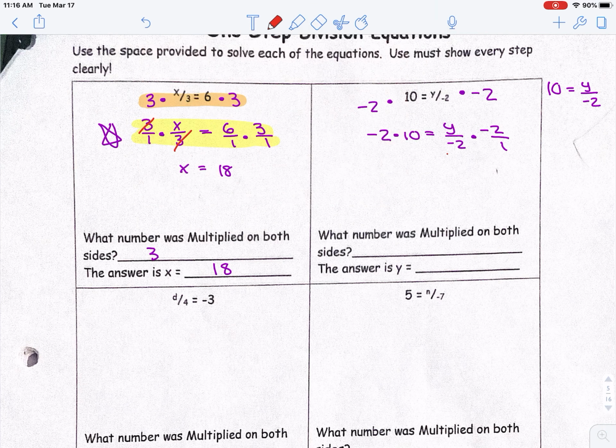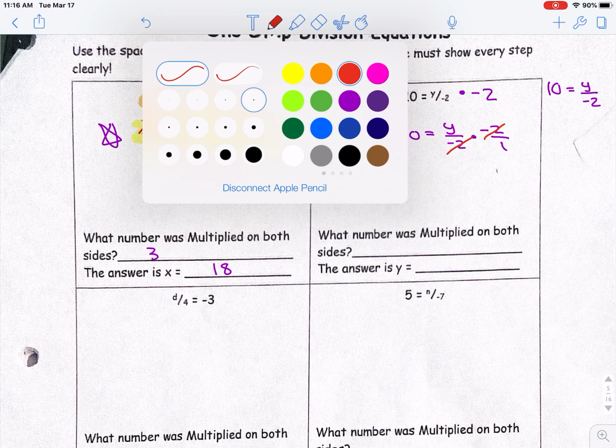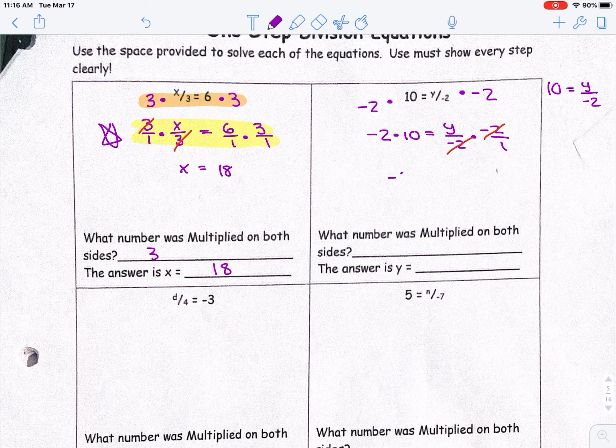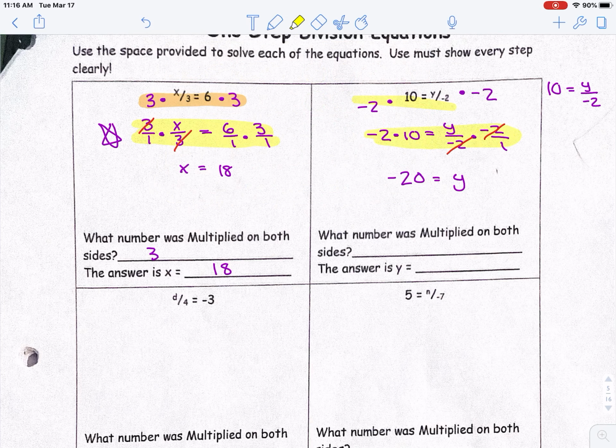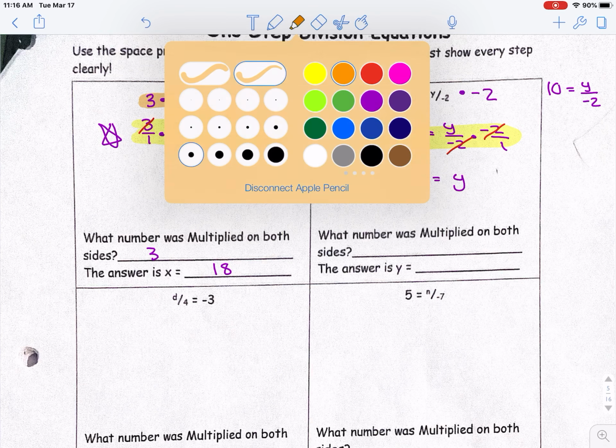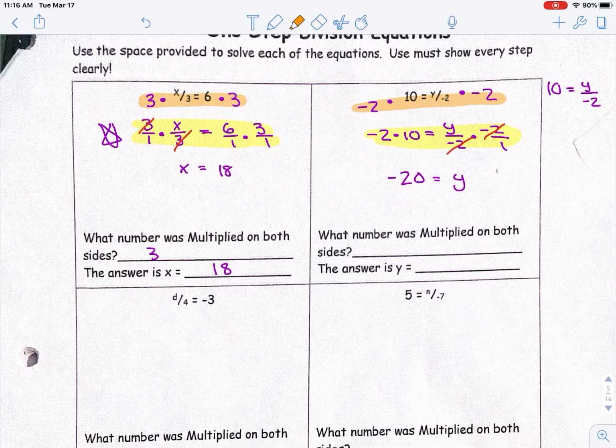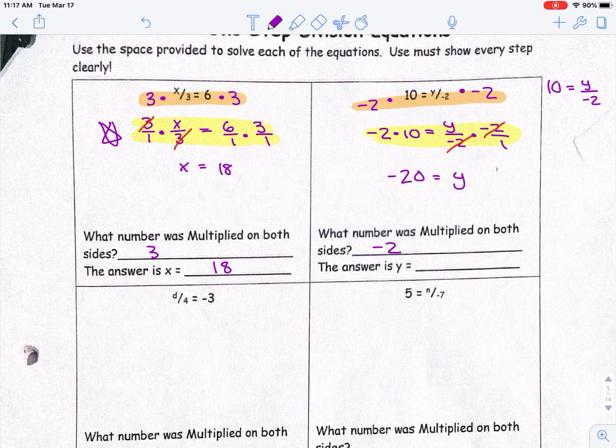Here our -2's would cancel, and we are left with -20 over here on the left, and we're left with our y on the right. So again, all you need is this top row. You do not need what I have here in yellow. I am just showing you how this works, okay? And again, what number was multiplied on both sides? Here we have our -2, and our y is equal to -20.